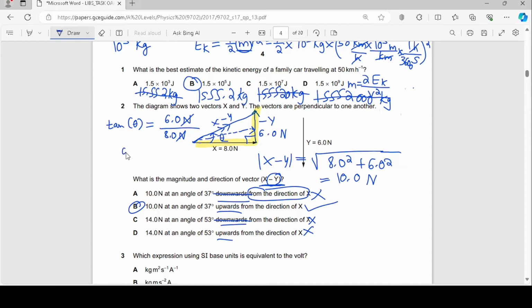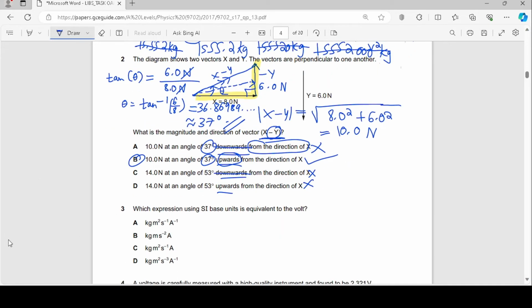And so my theta is going to be tan inverse of 6 over 8, so that is going to be 36.86989, and so on. So it's approximately 37 degrees to two significant figures, and so our answer would either be A or B, but because we already figured out that the direction is upwards, it is going to be B then, right? So 10.0 newtons at an angle of 37 degrees upwards from the direction of x. Okay, so that's the answer.